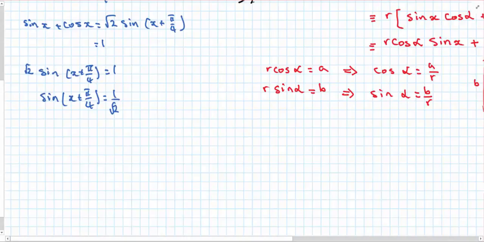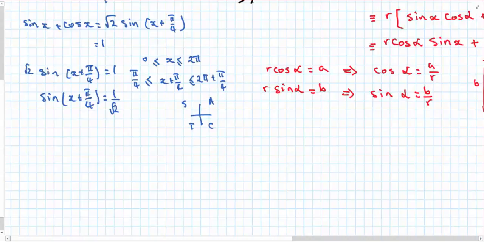So assuming our domain is between 0 and 2 pi, since I'm working with x plus pi on 4, that would mean the domain is between pi on 4 and 2 pi plus pi on 4. And the quadrants I'm looking at for sine would be first and second.